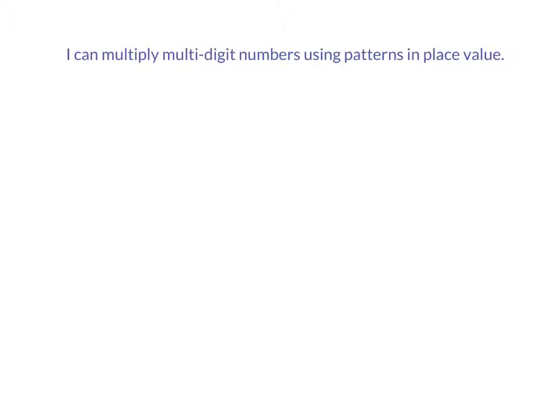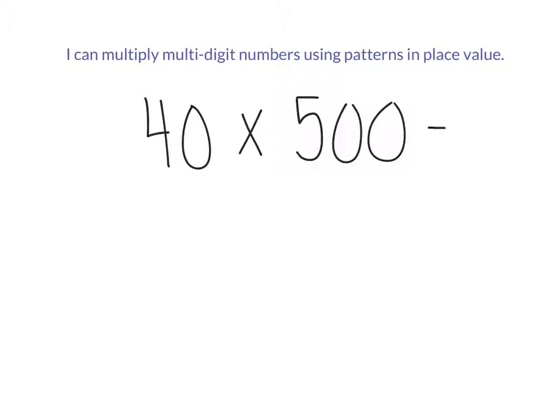So now that we know how to multiply multi-digit numbers using patterns and place value, I'm going to go ahead and leave you with a practice problem to do either on your iPad, in a notebook, on a Post-it note, index card, whatever. But you're going to go ahead and try this one out. 40 times 500.